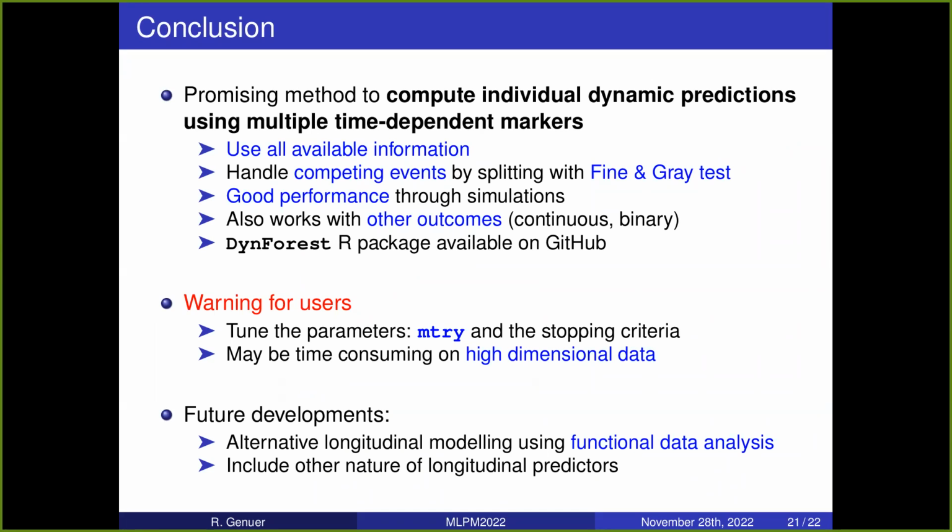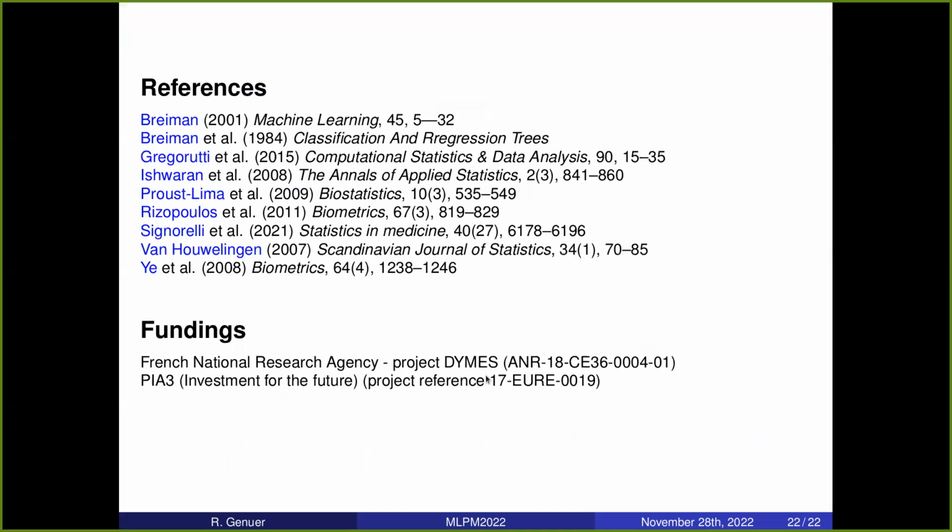And yes, so maybe I stop there. You have the R package, which is available. I didn't update it. It's now available on CRAN. You have this parameter, which is really important to tune. And we have some future developments, and I give you just some references. Thank you.